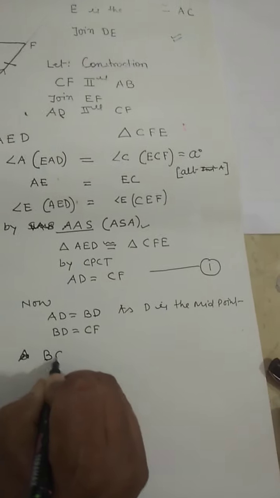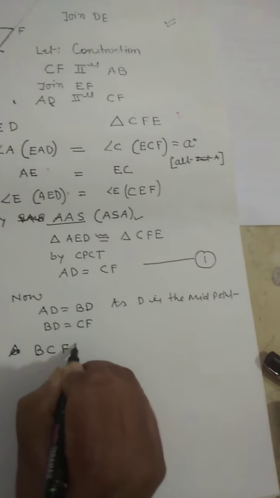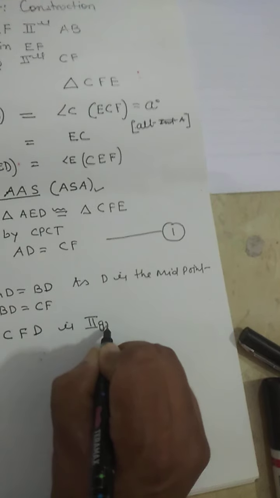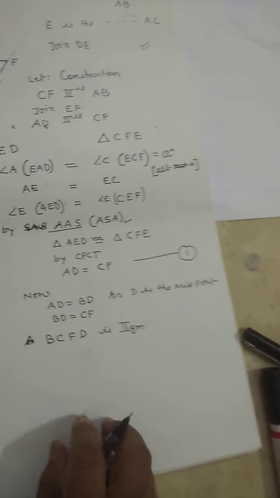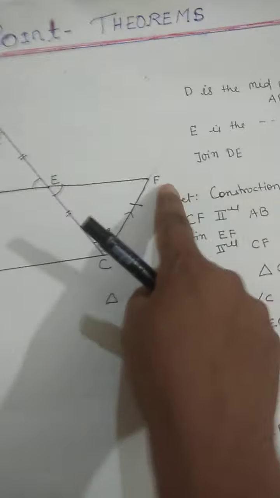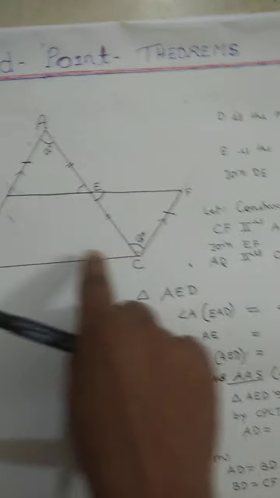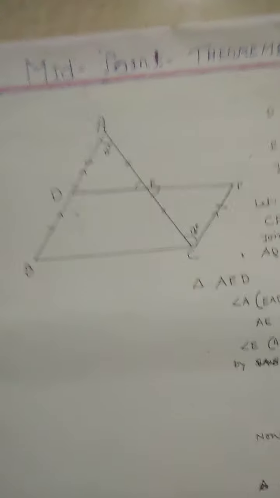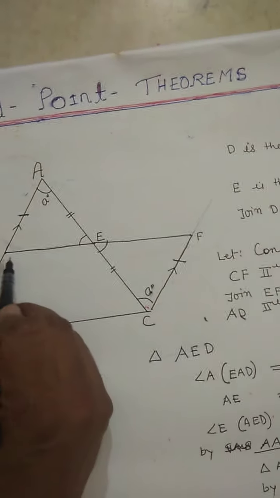So we will say that BCFD is a parallelogram. How? Already we said AB is parallel to CF, so BD is parallel to CF. And in the statement, what is said?